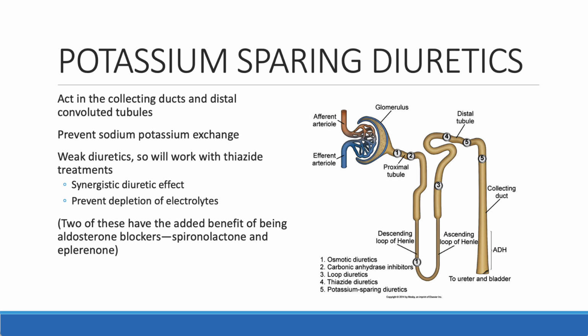Okay? Now, I would prefer that you not think of these as potassium-sparing diuretics, but rather 2 of them, spironolactone in particular, and its cousin, eplerenone. Spironolactone is an aldosterone blocker. And if you remember physiology, aldosterone makes the kidney hold on to more water, right?